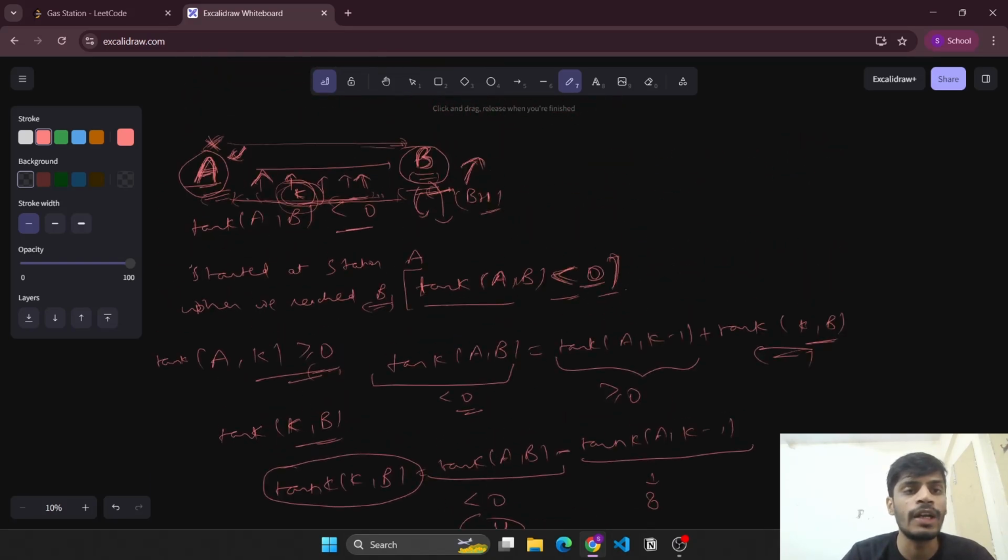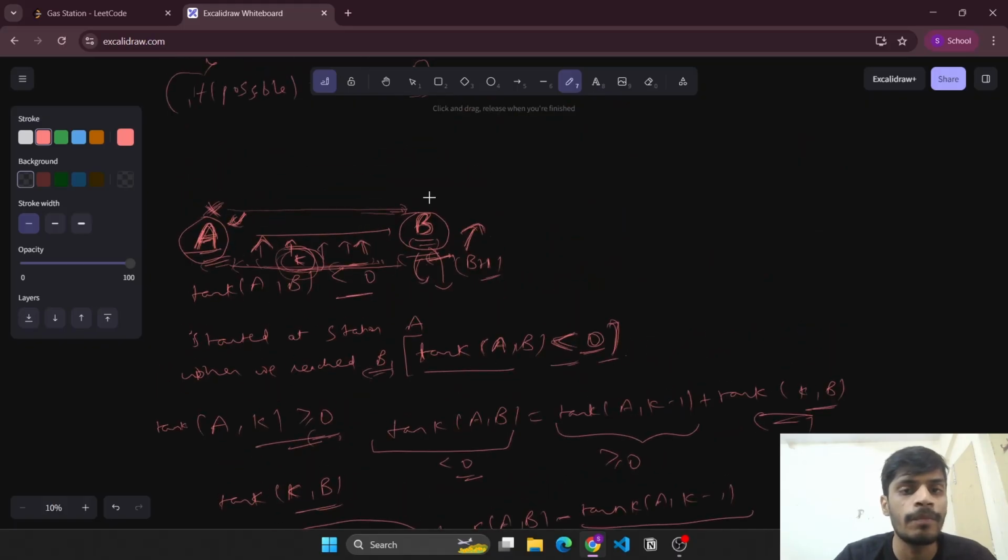What we can derive here is that if we start at the ith index and at index j we find that from I to j the tank is negative, then we need to move the starting point to j plus 1.